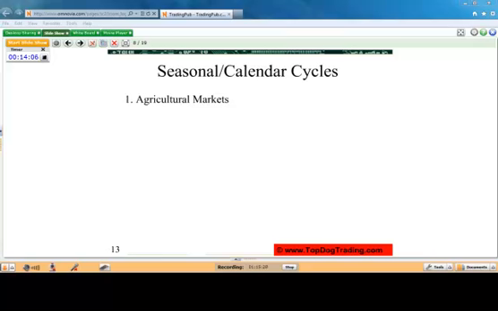When you grow crops, you sow in the spring and you reap in the fall. So if you're going to trade the ags, you can place your positions before the spring, and then when the great harvest comes in the fall, you collect all your big money.